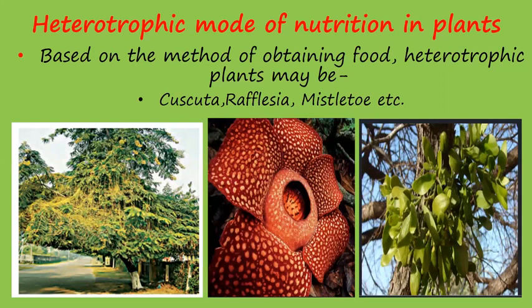Here we will discuss some parasitic plants. A very common parasitic plant is Cuscuta, which is commonly called the dodder plant. In India, it is also called amarbel or swarnalata.